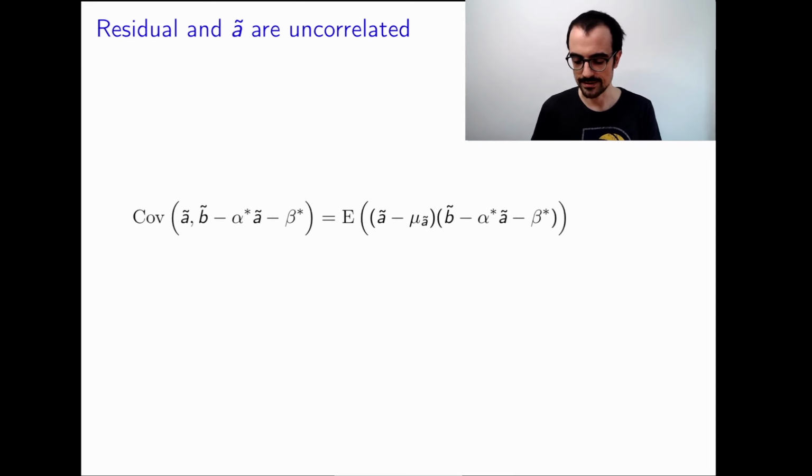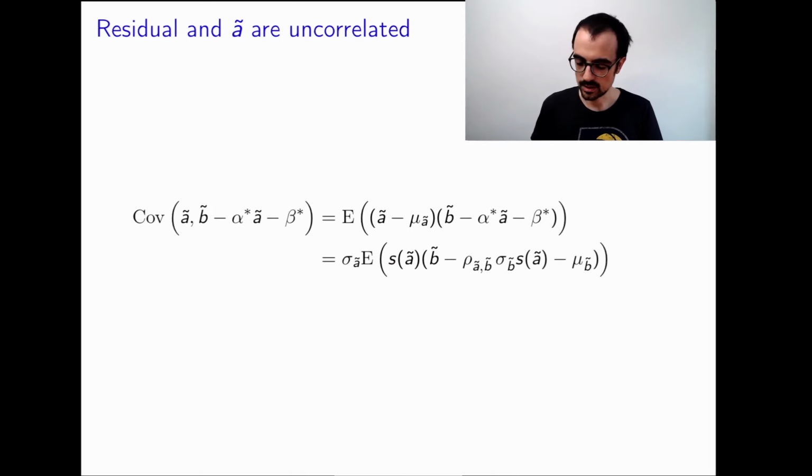Let's consider the covariance between A and the residual. Remember that the residual is zero mean, so we have A minus its mean times the residual minus its mean. The residual has zero mean, so that's easy. So now we want to divide and multiply this term by the standard deviation in order to get the standardized version of A. Okay, we obtain it here. Now we see that here we have B minus its mean.